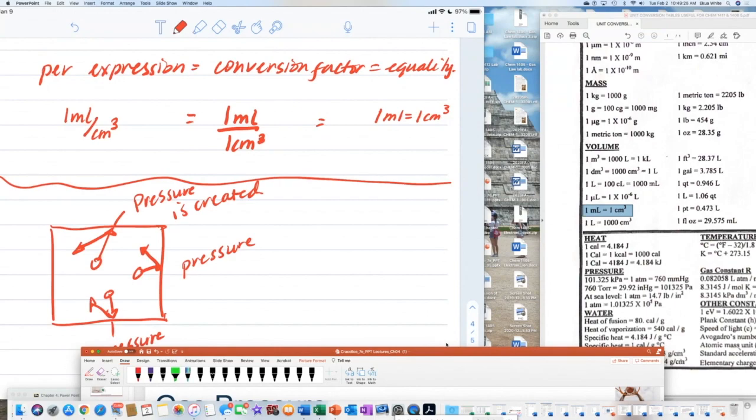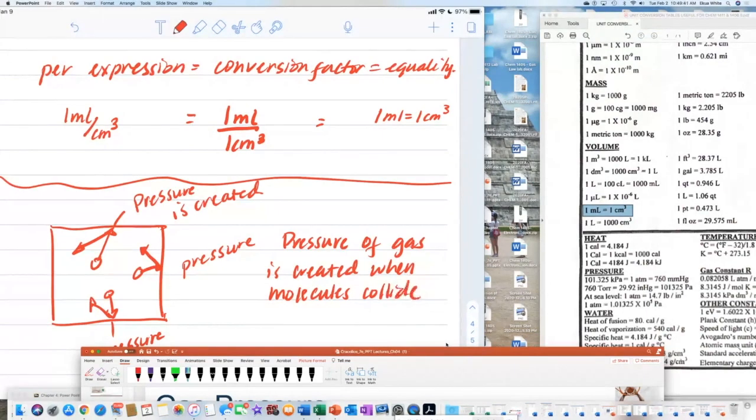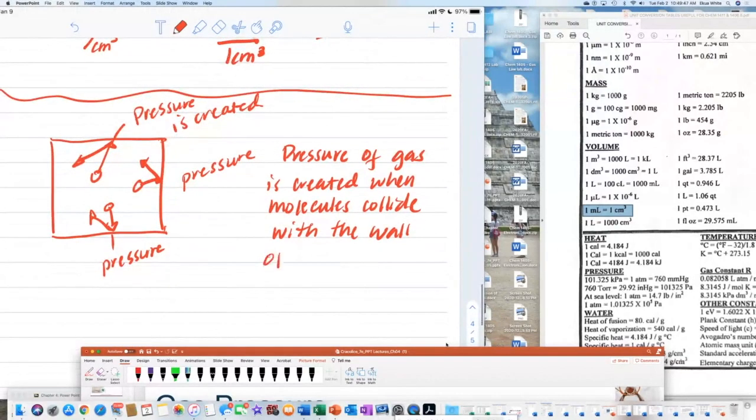Okay? So, pressure of gas is created when molecules collide with the wall of the container.